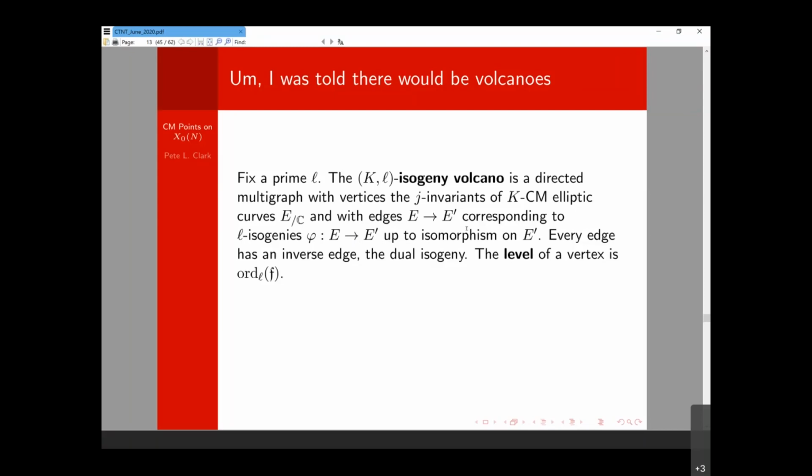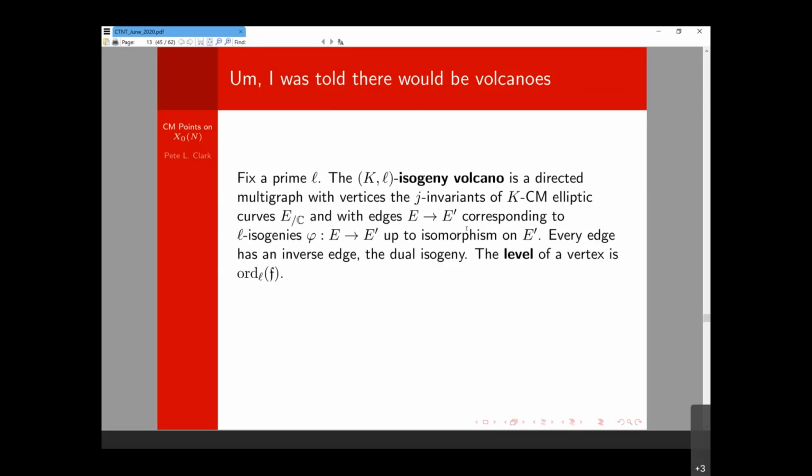So this graph is a directed graph, but in a very understandable way. Whenever you have an edge, you always have the corresponding inverse edge, and the inverse edge just corresponds to the dual isogeny.